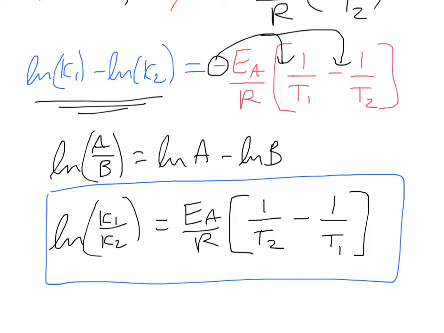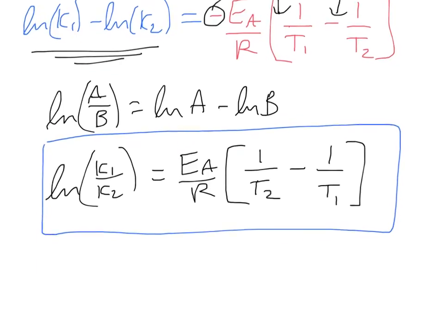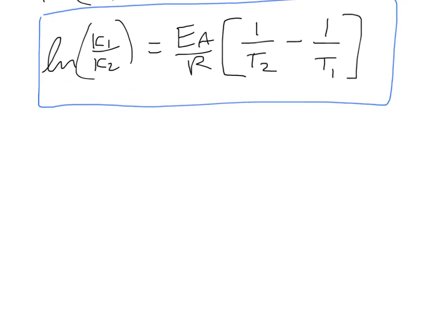And so this gives us a very common equation when we're trying to solve for the activation energy. If we're given these two temperatures and these two rate constants, and we can look up the gas constant, we can solve for the activation energy. I'm not sure how necessary this next step is, and I think it's one of those things that if you've got a brain-dead calculator, or if you used a slide rule 50 years ago, you probably had to do it.